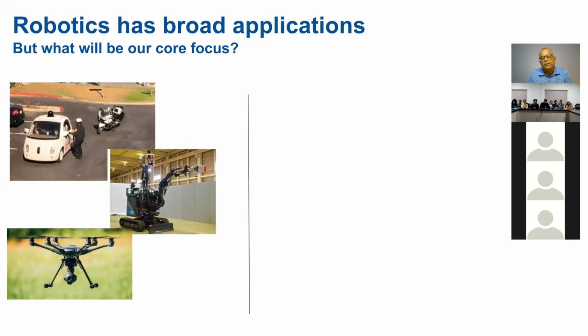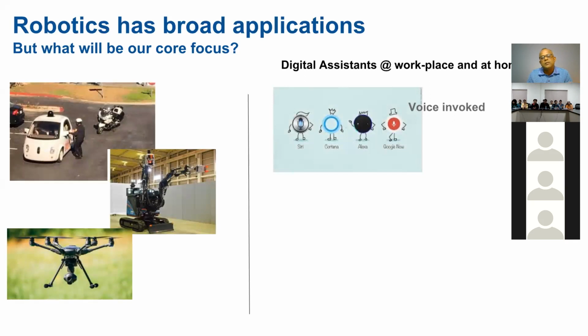So that's one kind of robotic application. The other is what I call digital assistants at the workplace as well as at home. Over here, people are getting used to Alexa, which are voice-enabled devices, Google Now in the form of either your Android devices or Google Home devices, or Siri or Cortana. So those are voice-enabled digital assistants.